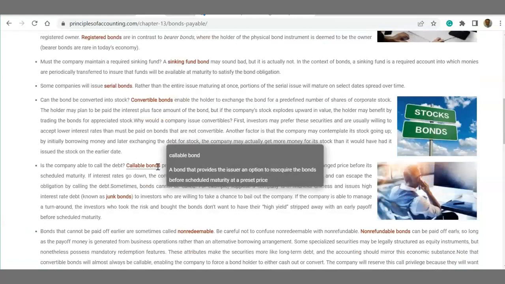Callable bonds are bonds that can be called at an option by the issuer.